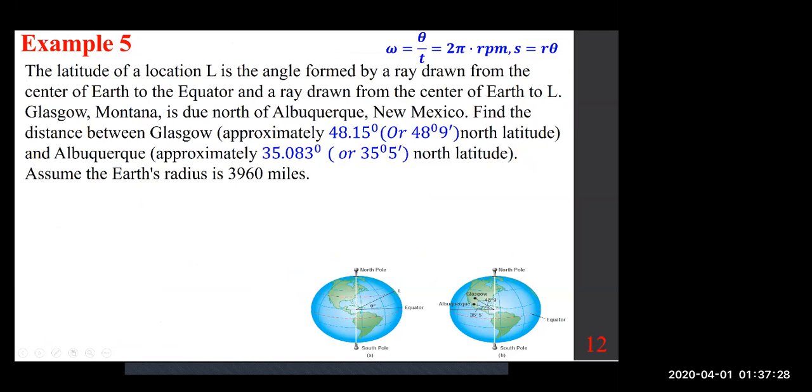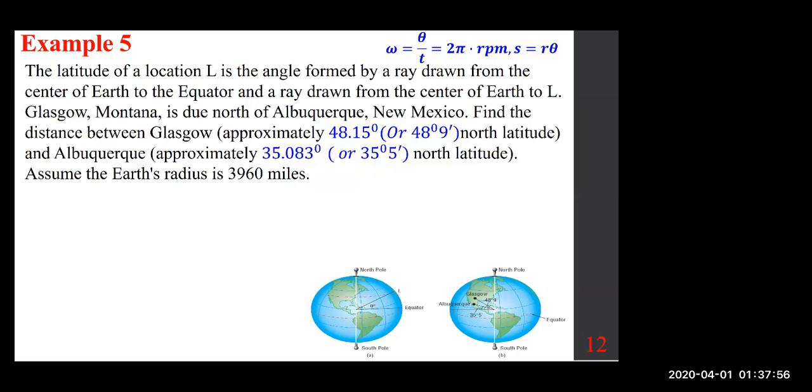Could somebody be kind enough to read this question for the class, please? The latitude of a location L is the angle formed by a ray drawn from the center of the Earth to the equator and a ray drawn from the center of the Earth to L. Glasgow, Montana is due north of Albuquerque, New Mexico.